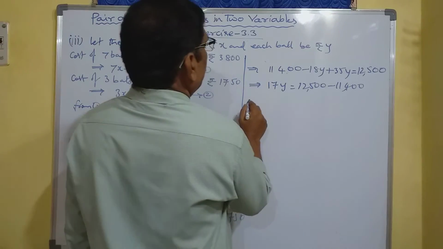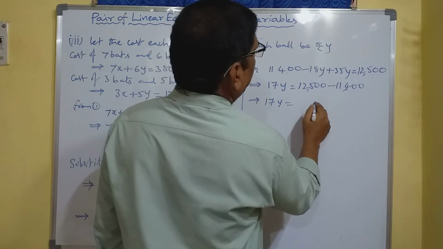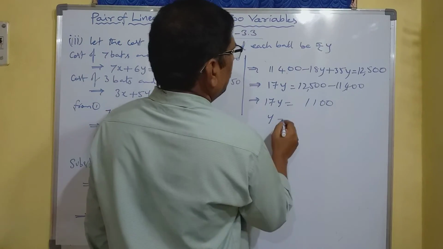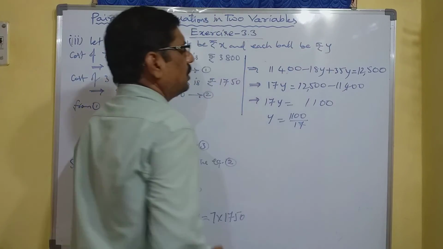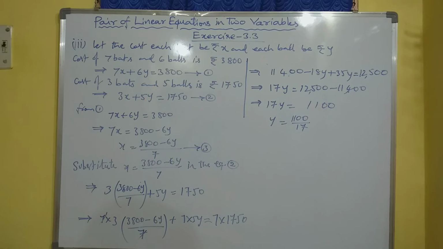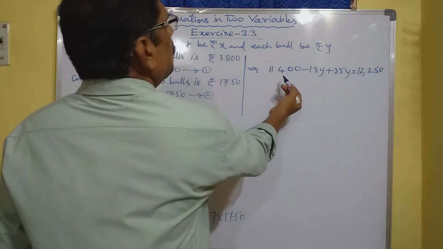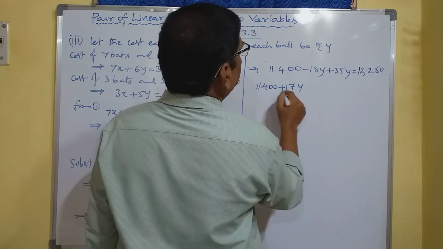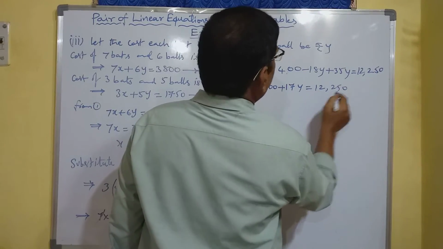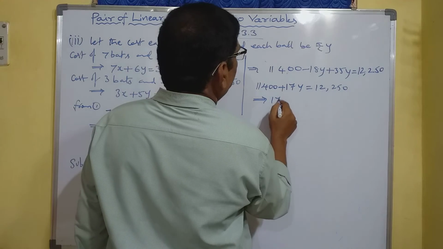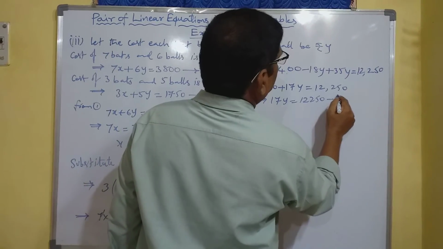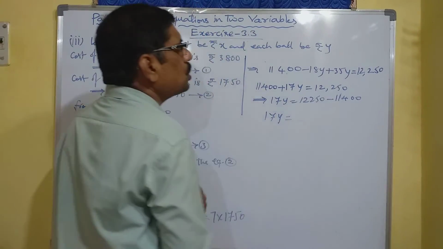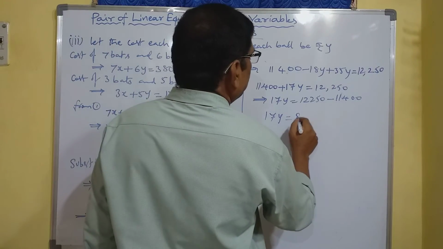Now 17y is equal to 12,250 minus 11,400, which is 850.